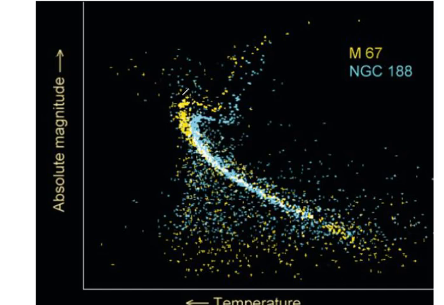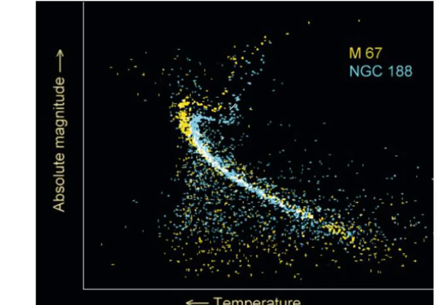On the plot, you can see two clusters of stars, one is M67, another NGC 188. They are quite different from each other.